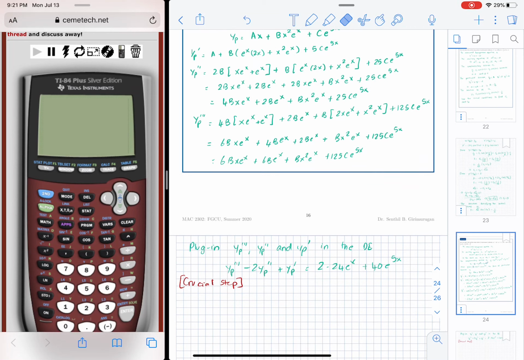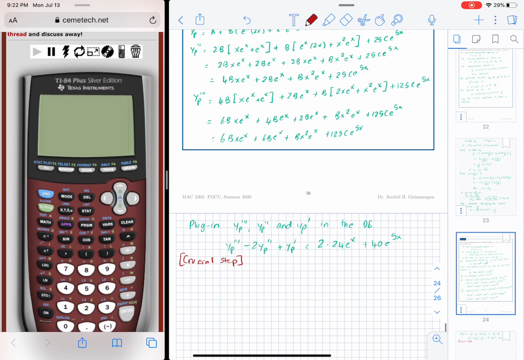So we need to collect terms that have e raised x, and we need to collect terms that have e raised 5x, and a constant term. So with the third derivative, I'm just going to pick 6b e raised x, 125c e raised 5x.